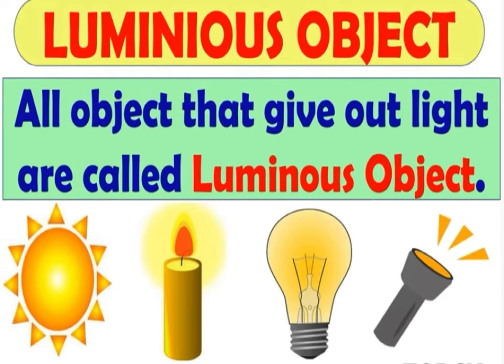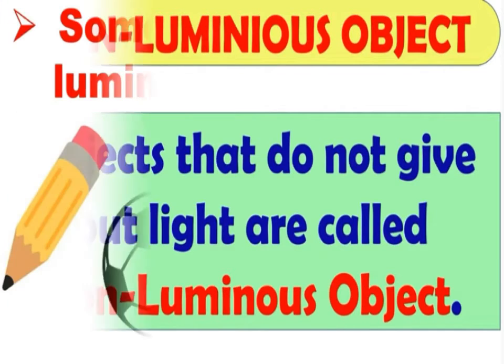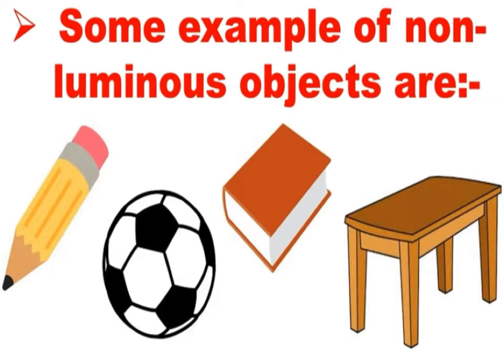For example, sun, diya, bulb, torch, candle, etc. Non-luminous objects: objects that do not give out light are called non-luminous objects. Some examples of non-luminous objects are pencil, football, book, table, chair, etc.